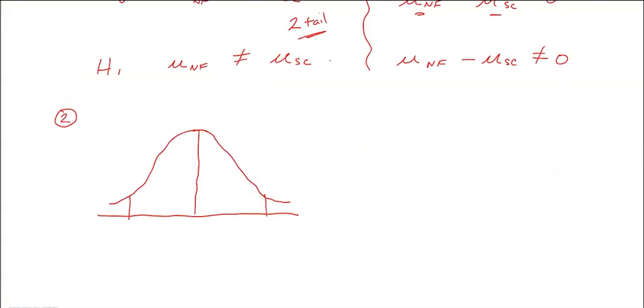After drawing our normal curve, we know that's a two-tail situation. So there's our two tails. And the alpha was 0.05. Once again, this would really mean alpha over 2, which is 0.05 divided by 2.